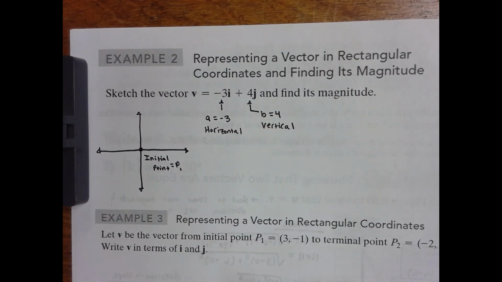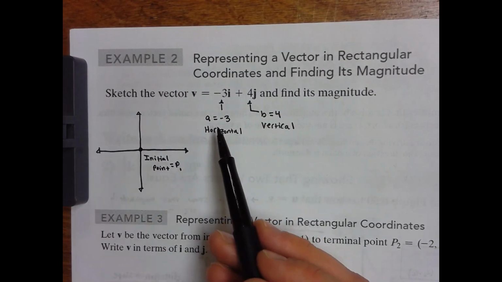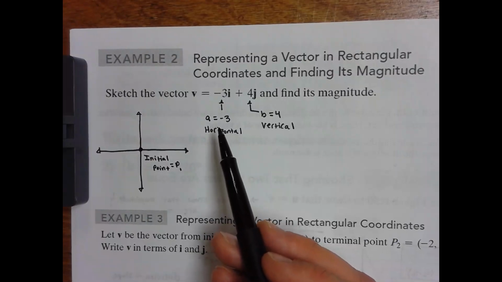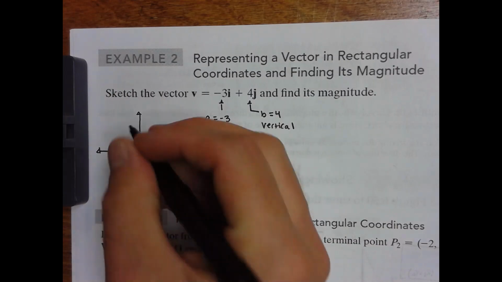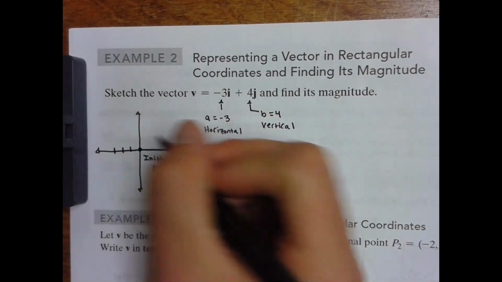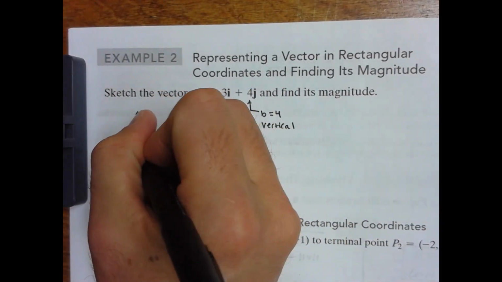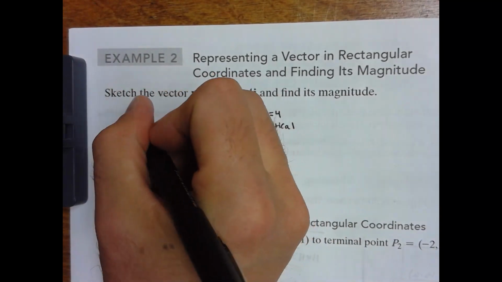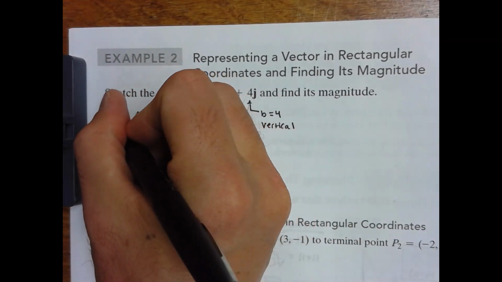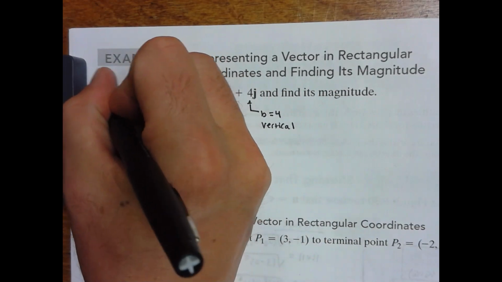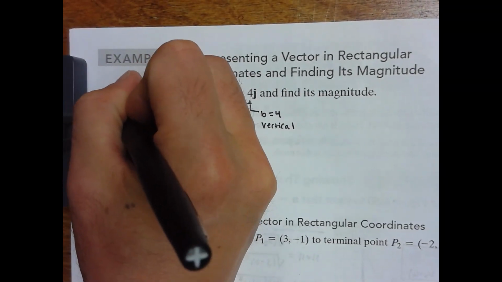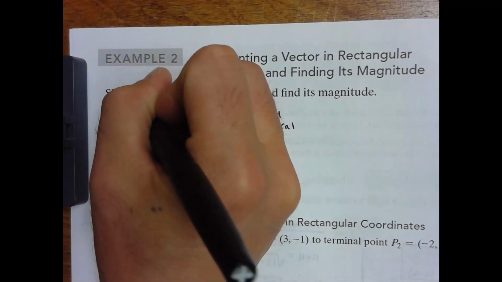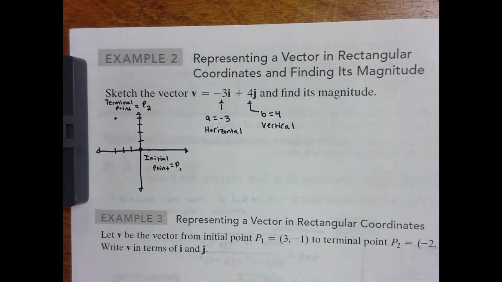And so from that initial point, we're going to go horizontally by -3 units, so left 3, and then vertically by 4 units, so up 4. So left 1, 2, 3, and then up 1, 2, 3, 4 brings us to the terminal point, which is going to be equal to P2.